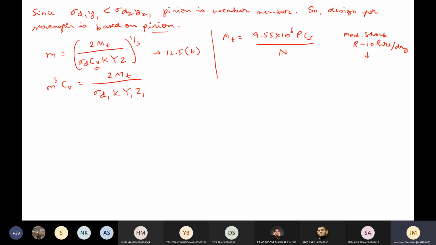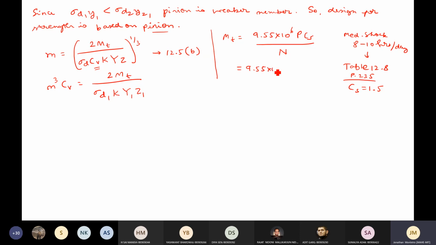So according to that table, table 12.8, right? Table 12.8, page 235, CS should be 1.5. Okay.